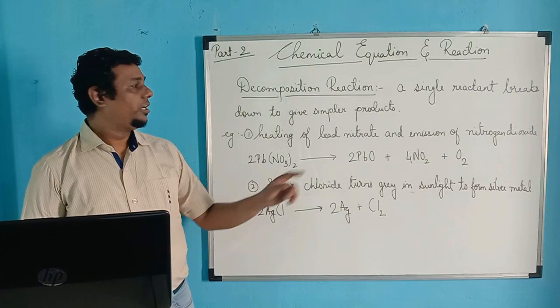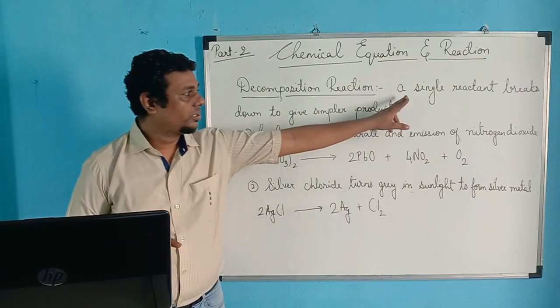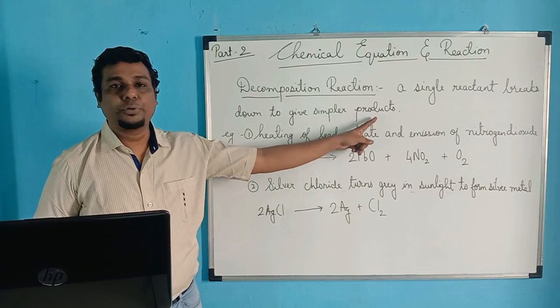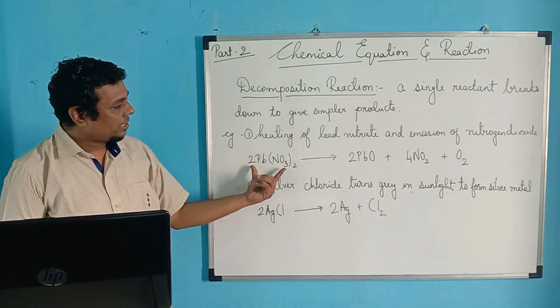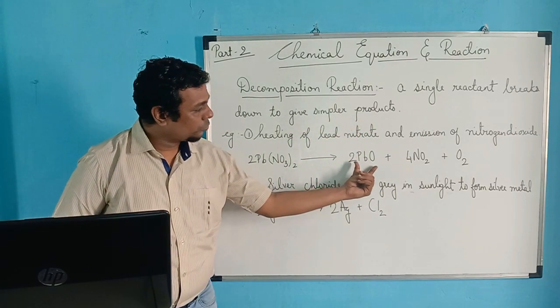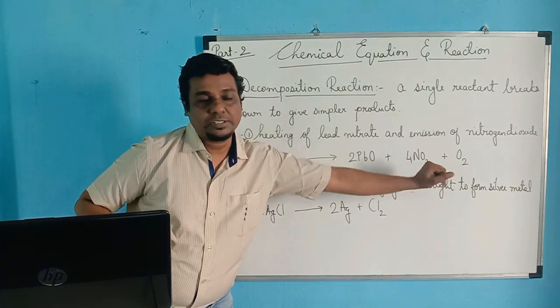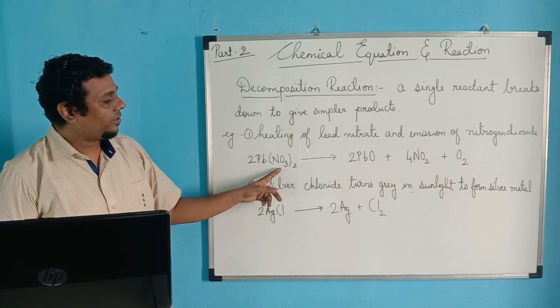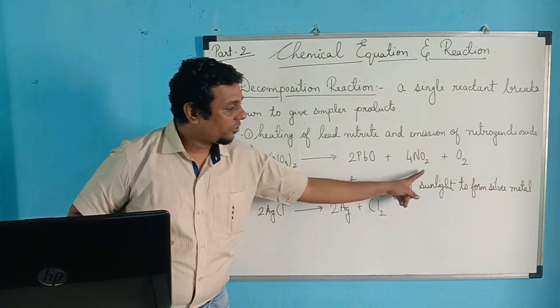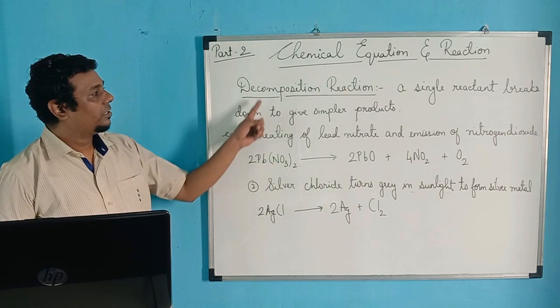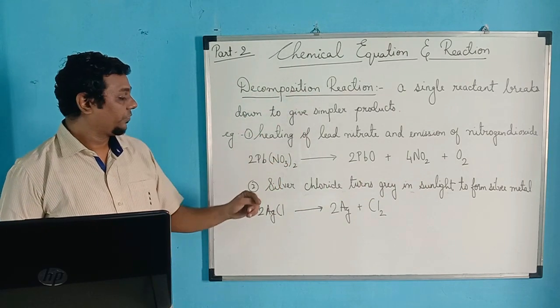Now, in a decomposition reaction, a single reactant breaks down to give simpler products. Here you can see lead nitrate converts into lead oxide, nitrogen dioxide and oxygen. Lead nitrate gets converted into three products, so this is a decomposition reaction.